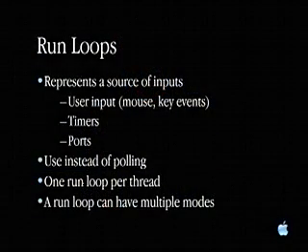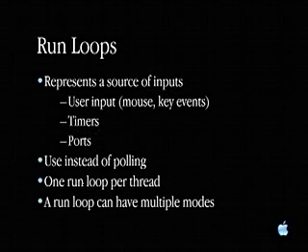Now, the underlying machinery that supports this is a run loop, NSRunLoop, in Foundation. And we call it a run loop because we say that it runs and that it loops. But mainly what a run loop does is it waits. It waits for something interesting to happen, then it tells you about it, you handle it, and it goes back and waits again. And the things it waits for can be any of a wide variety of things.